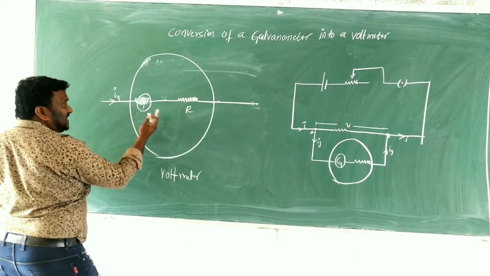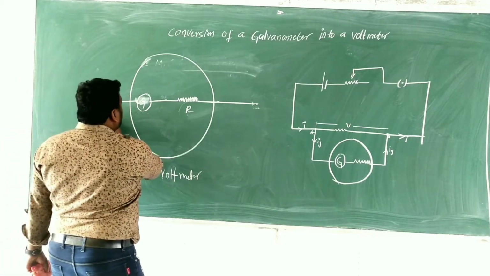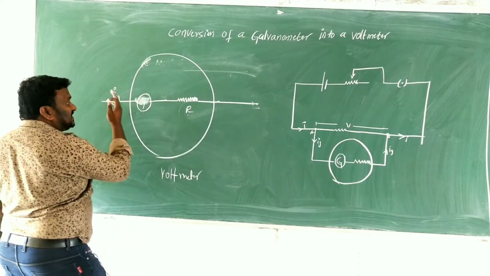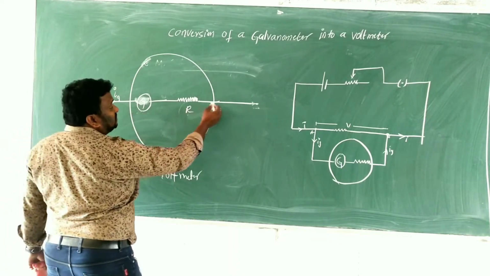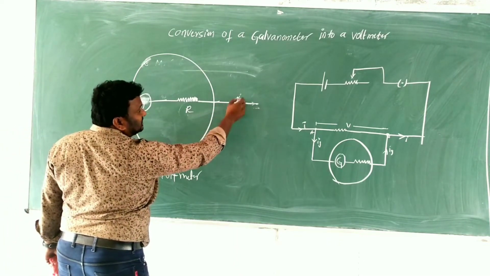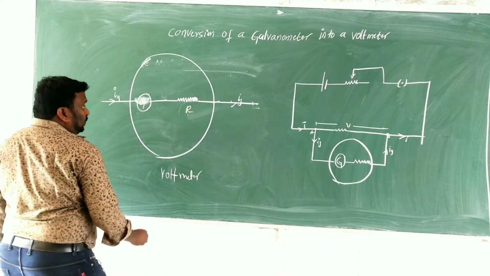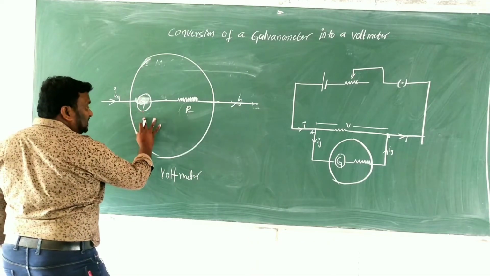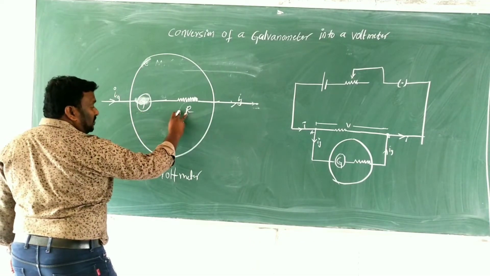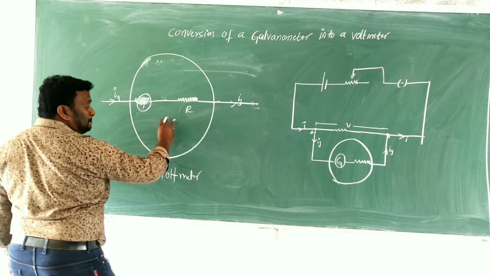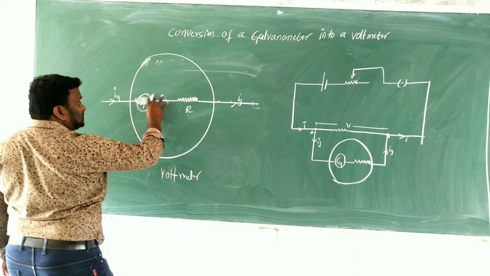It has only one path, that's why the current that enters G again comes out like this. So in this way we say that the galvanometer is converted into the voltmeter, children.